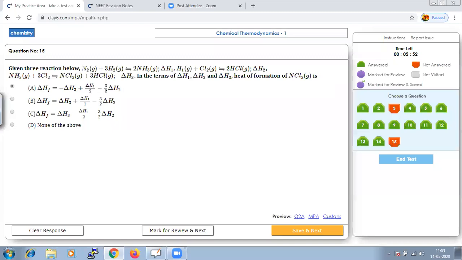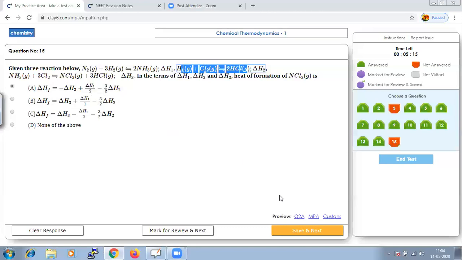That means this full reaction should be divided by 2. For delta H2, it is 3 by 2, that means this whole reaction is multiplied by 3 by 2. And then we handle NH3 with delta H3. Hence, if you combine that, you will get the equation for the formation of NCl3. Hence, that is the ultimate value for the delta H of formation of NCl3.